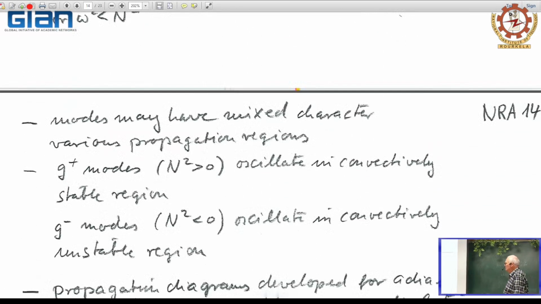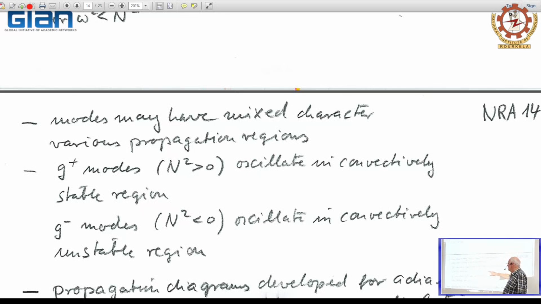The G plus modes, these are the neutrally stable modes, oscillate with respect to the radial dependence. Do not confuse time and spatial oscillatory behavior.